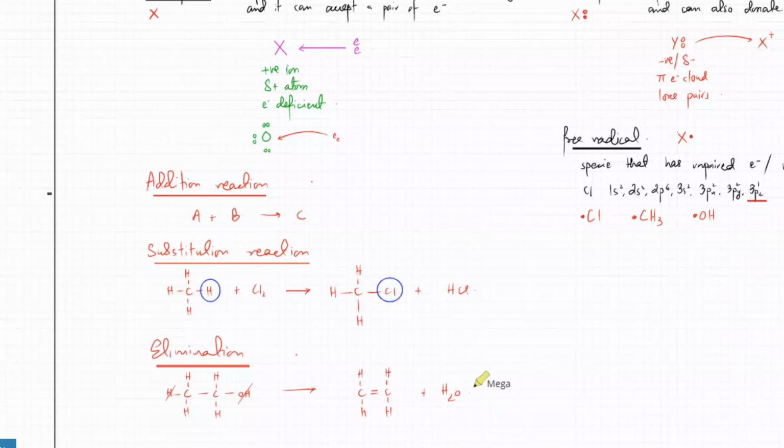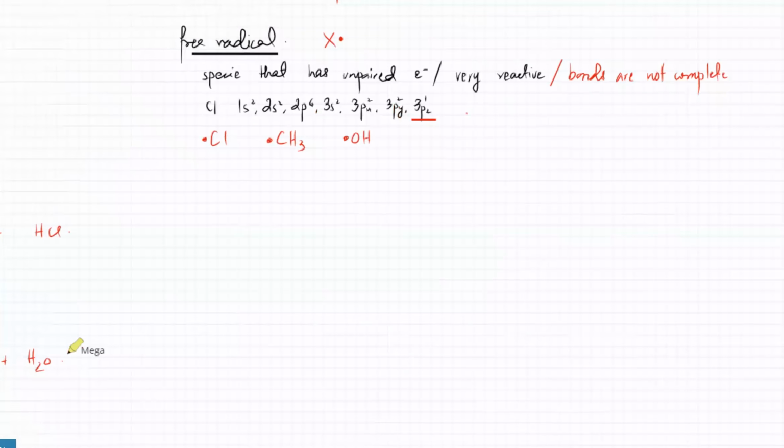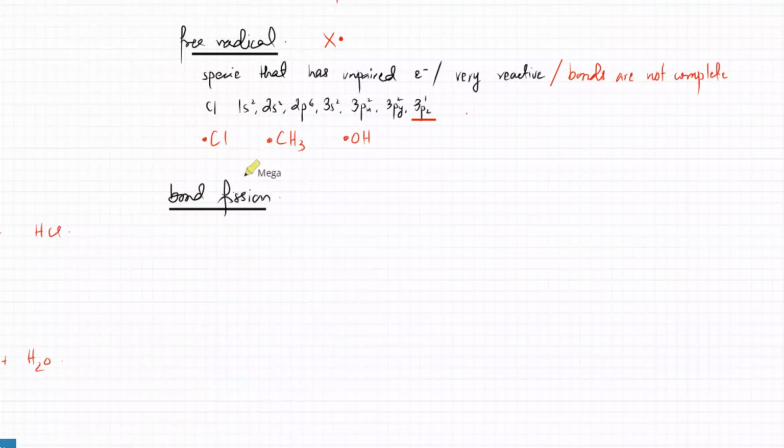Then there's another terminology that's got to be incorporated, and that is bond fission and curly arrows. So let's quickly talk about bond fission. Bond fission simply means how the bond is going to be broken. So this is what it's going to look like.